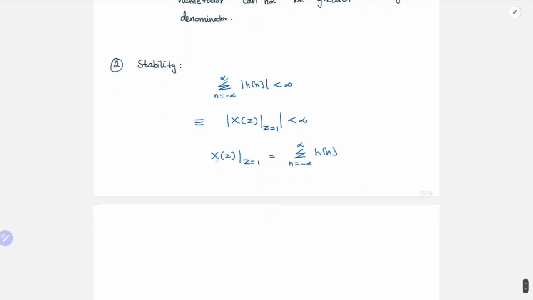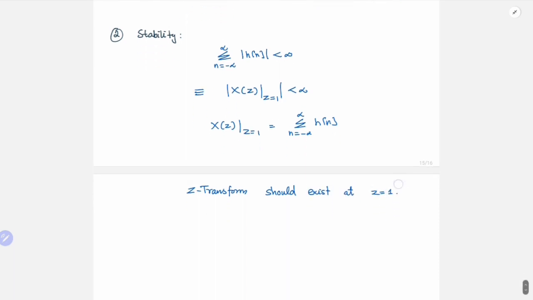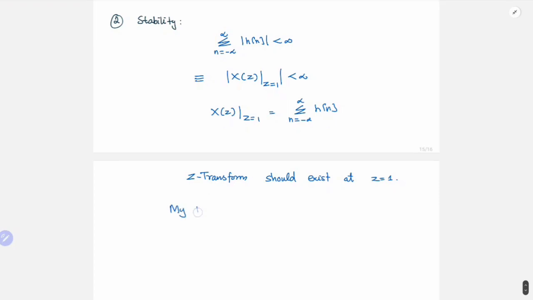So which means that my Z transform should exist at z equal to 1, which means that my ROC should include z equal to 1, the unit circle.